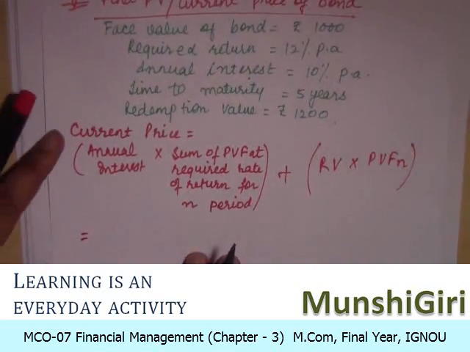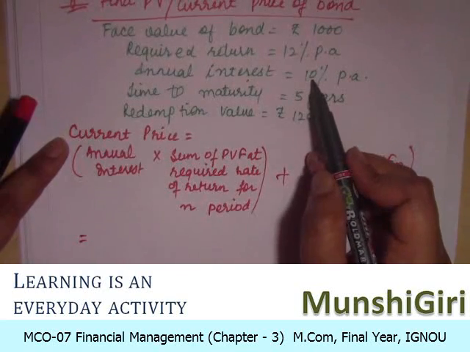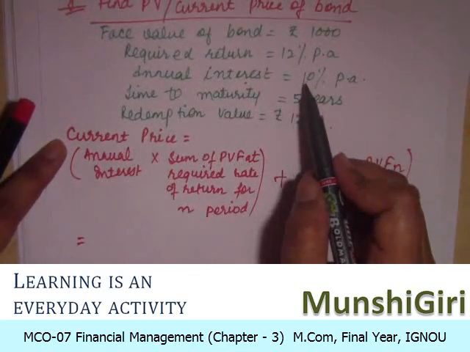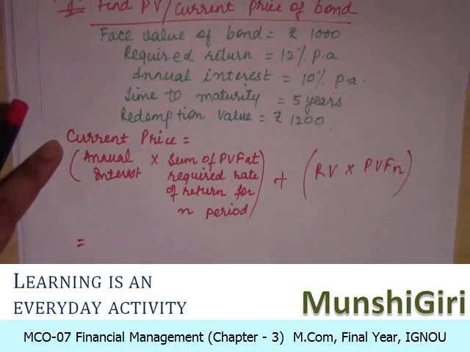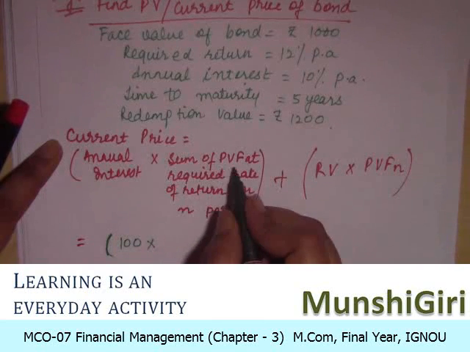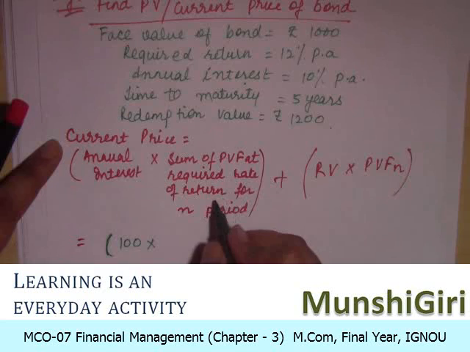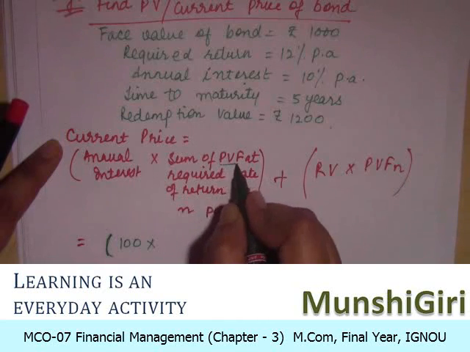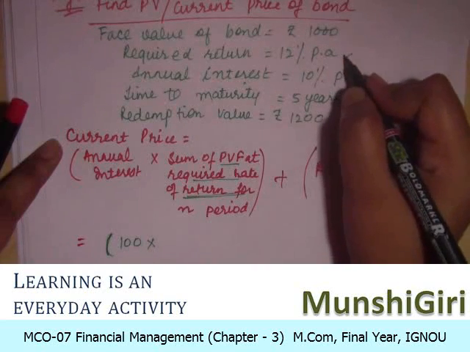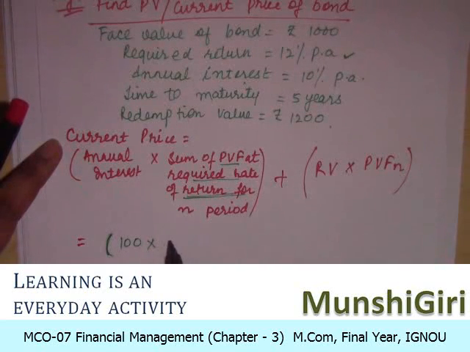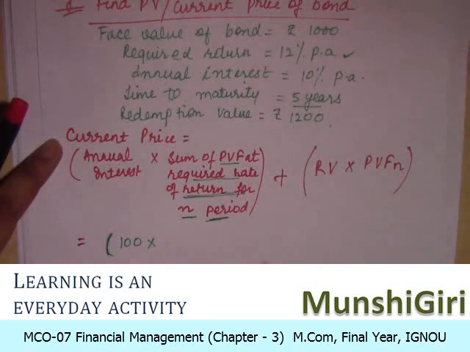So annual interest is 10% per annum on the face value of bond, 1000. So 10% of 1000 is rupees 100. That is, company will be paying an interest of 100 into sum of PVF at the required rate of return for n period. This is 12%, and N period is time to maturity, that is 5 years.